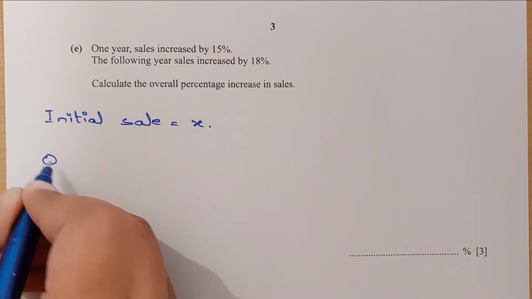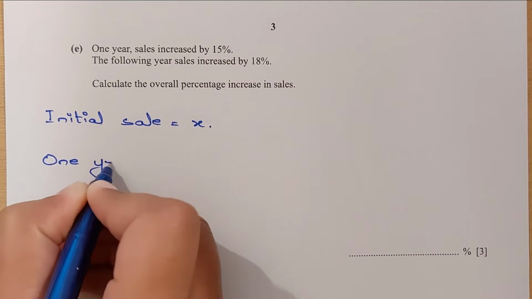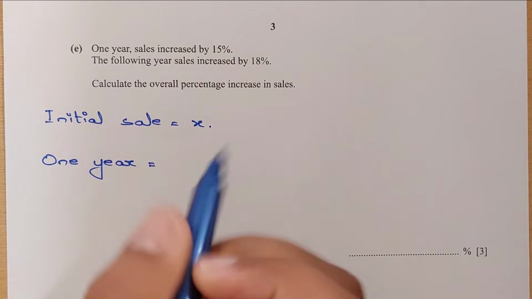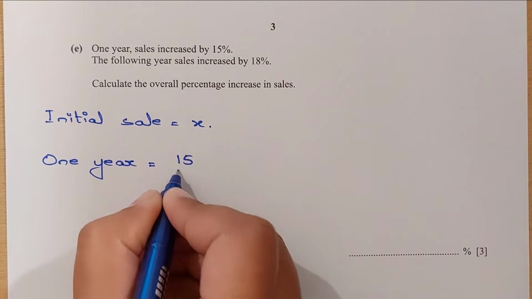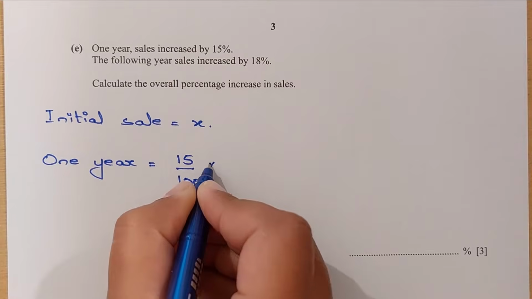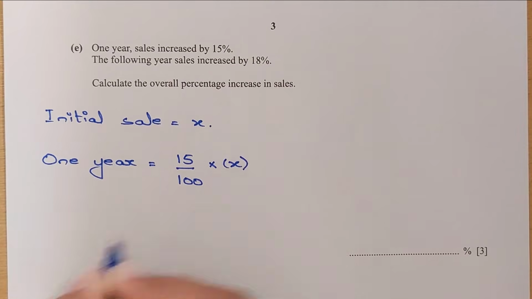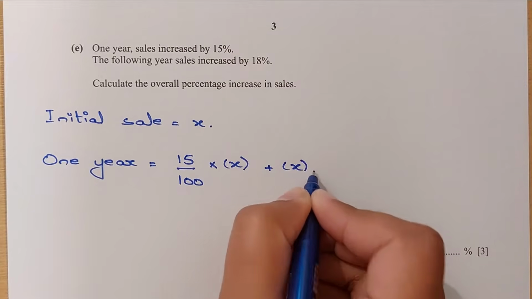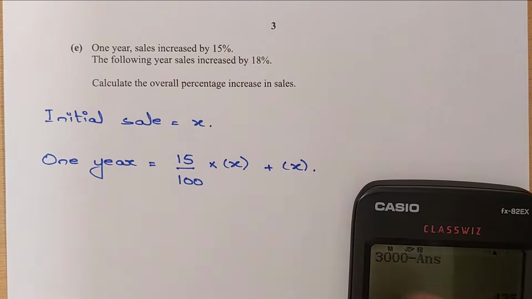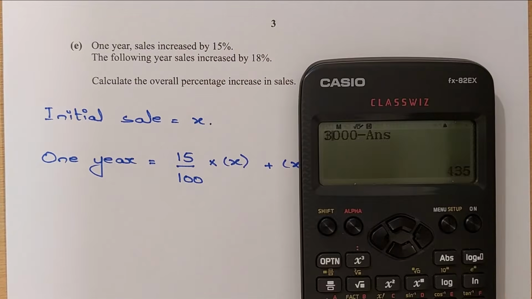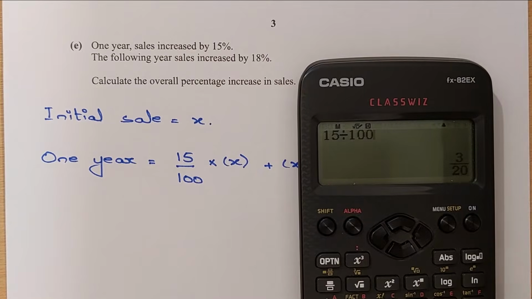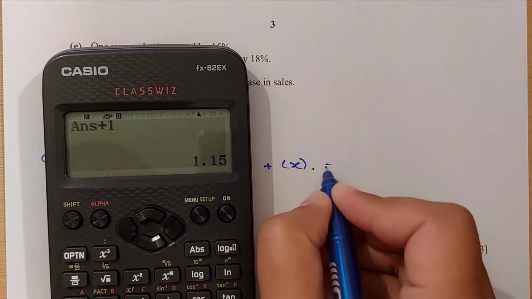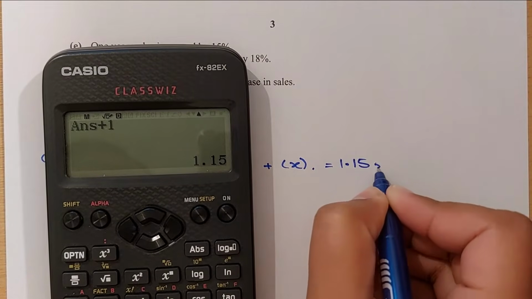Now for 1 year, we are given the information that the sales increase by 15%. So what is 15% of the initial sale, that is x, right? And we have to add this to x. 15% is added to the initial sales, right? So 15 divided by 100 plus 1, this equals 1.15 of x.